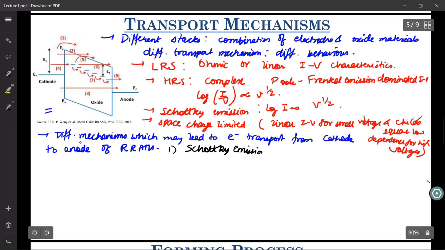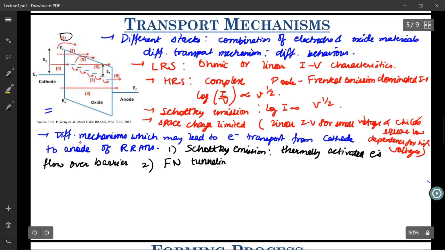What happens in Schottky emission? You must have seen it in metal semiconductor junctions. Thermally activated electrons flow over the barrier. They jump the barrier. That is the first mechanism, which is shown over here. Now, what is the second mechanism? Second is Fowler-Nordheim tunneling.